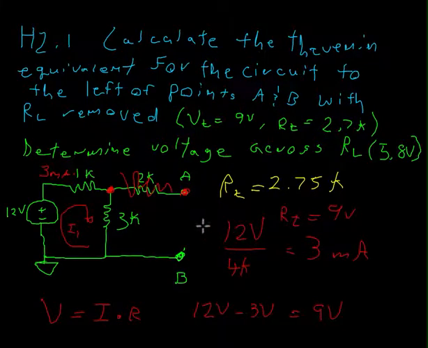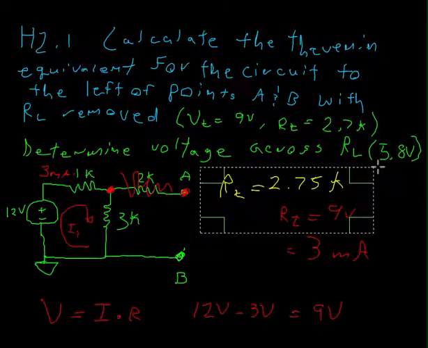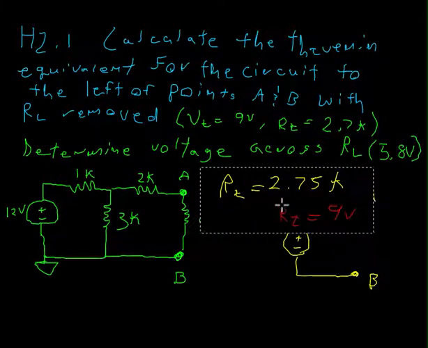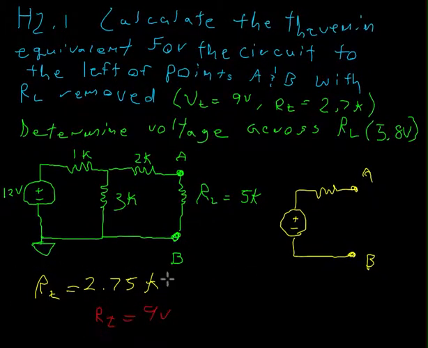So let's get rid of the junk here and satisfy the third part of this problem, which is asking what the voltage drop across the 5K resistor would be. So let's go back to our original circuit.